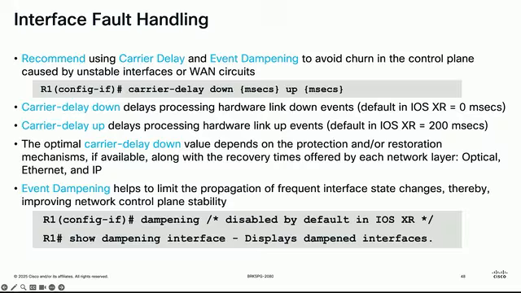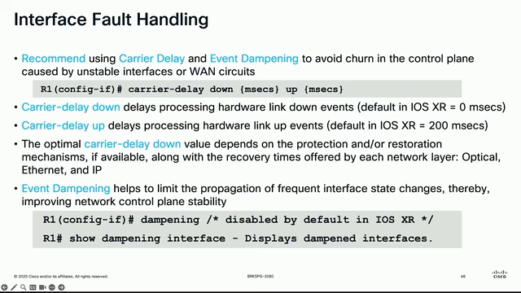Interface dampening is another utility which we highly recommend that you should enable. It's not enabled by default. It monitors whether the interface is stable or not. If the link is not stable, it's going to penalize that interface and keep it out from the network.